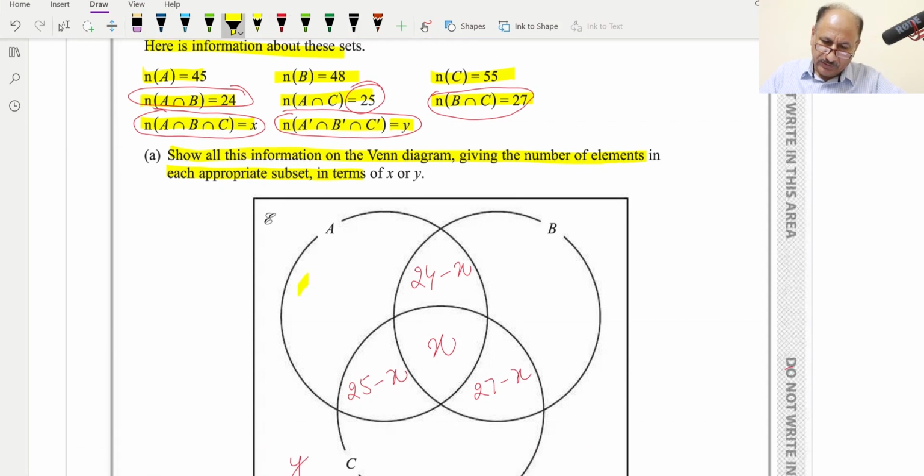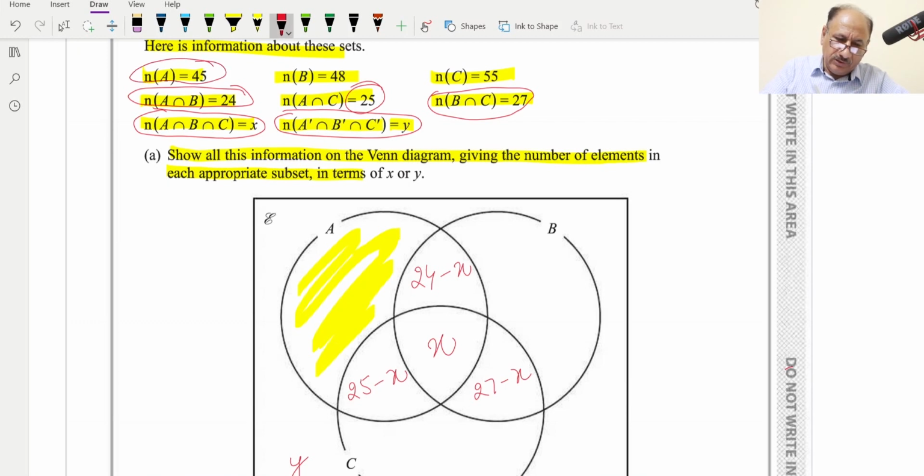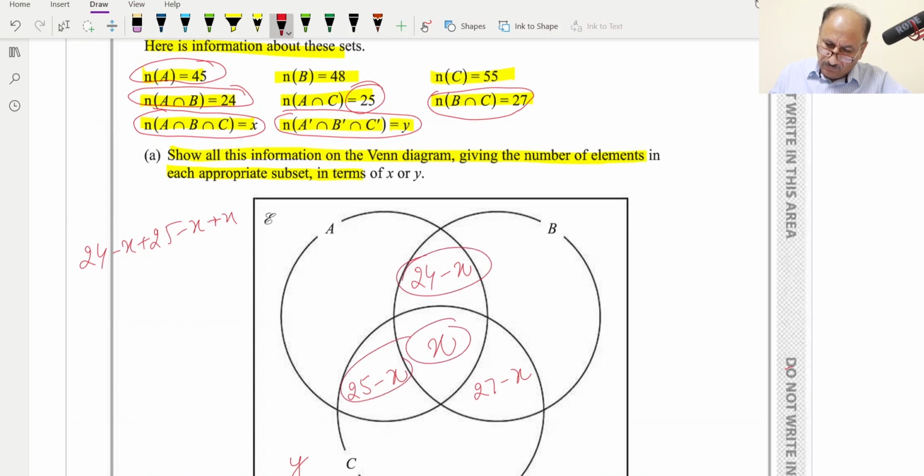To calculate these remaining regions, for example for this one, it is provided that n of A is equal to 45. So we will add these three pieces of information: 24 minus X plus 25 minus X plus X. If we add these three terms, the Xs will cancel, and this will be 49 minus X, and it is equal to 45.